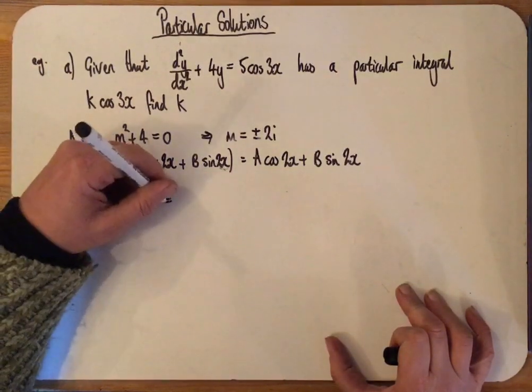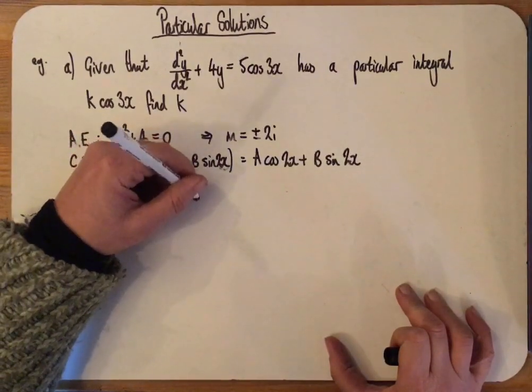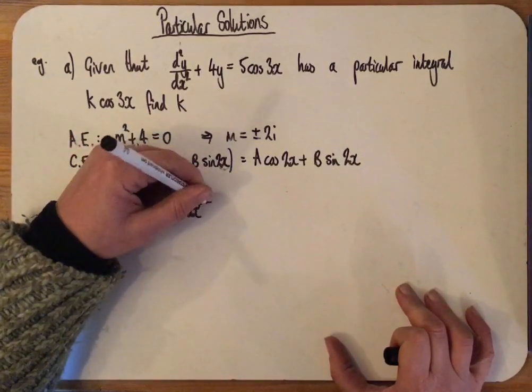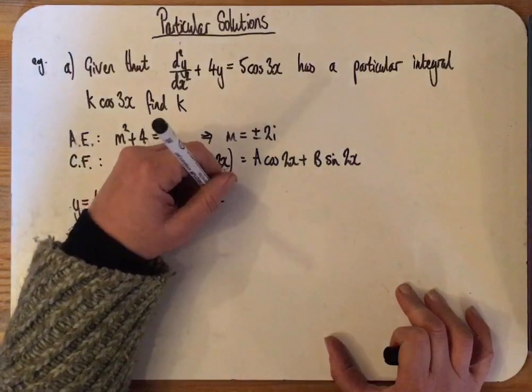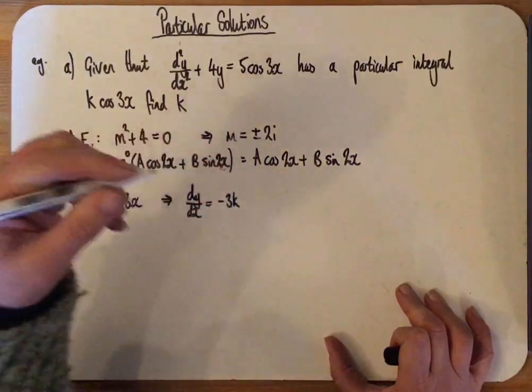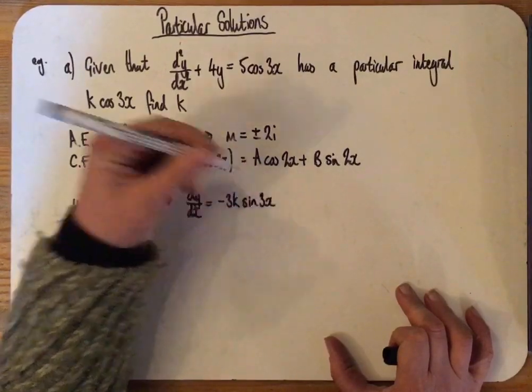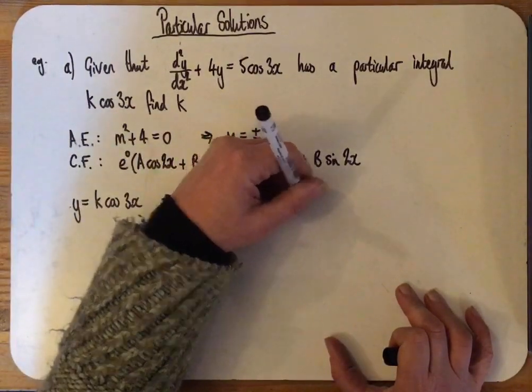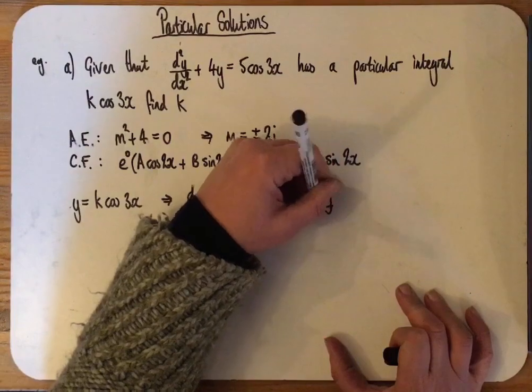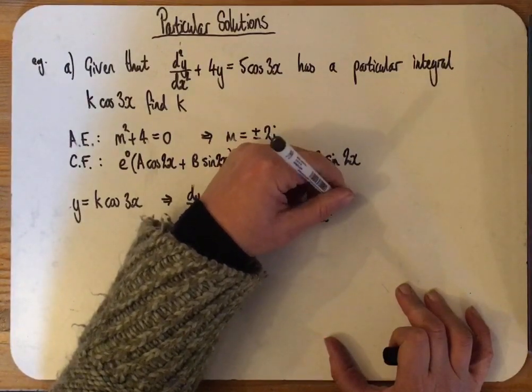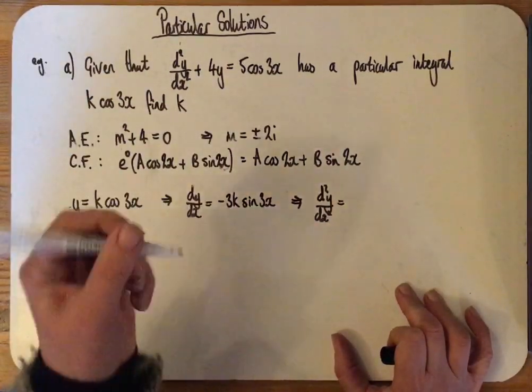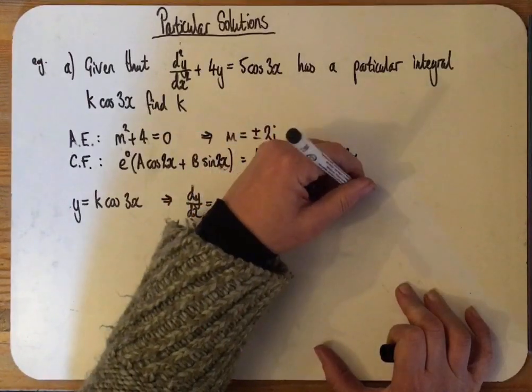if I differentiate that once, cos goes to minus sine, so I'll get minus 3k sine 3x. And then differentiating again, I'm going to get minus 9k cos 3x.